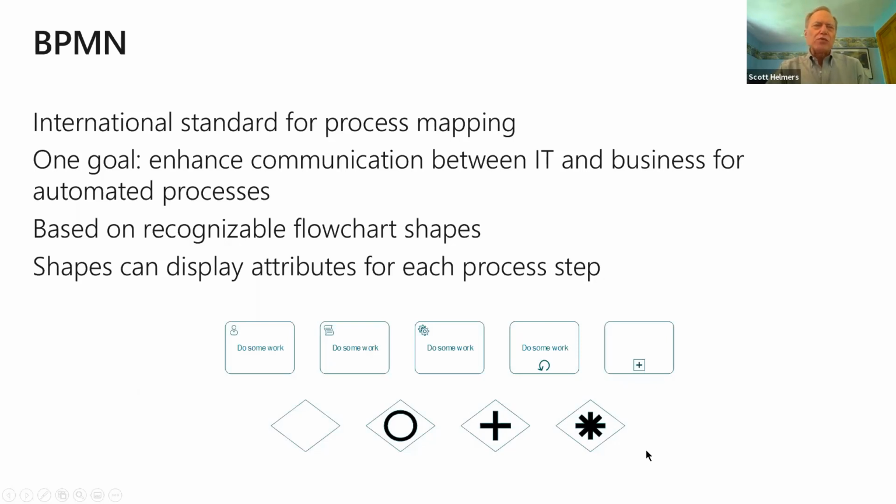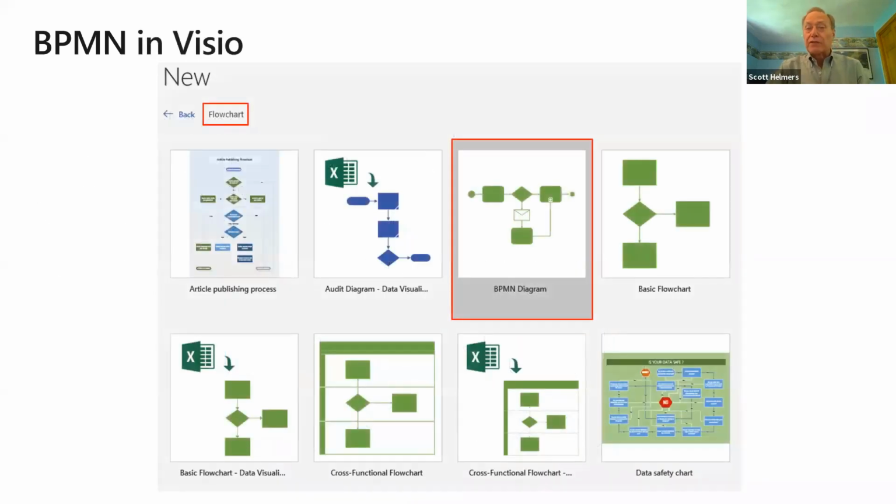So again, visually it can be a little daunting if you're not a frequent user of BPMN, but there is value in that specificity, especially if you're mapping a process that you want to subsequently automate. Big part of the goal for BPMN was that bridge between the map and automation. Well, we're going to do that today, but we're going to use Power Automate and a BPMN diagram.